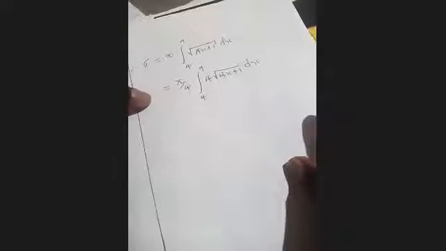Okay, so from here, I let u equal 4x plus 1, du is going to be 4 dx, which I have here, 4 dx. It's just going to be du. This implies that we have pi over 4 integral from u1 to u2 of root u, which is u to the power half, du.